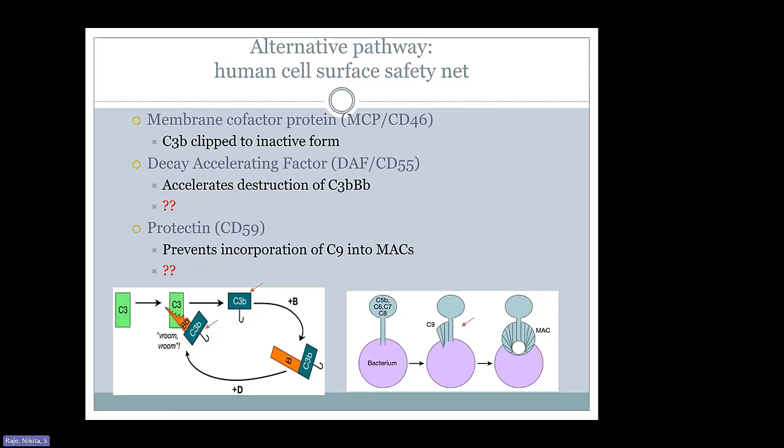So we need some other safety nets to make sure that if it gets activated and is not needed, and it's trying to attack human cells, there are certain processes and safety factors available. Those proteins are called membrane cofactor protein MCP, CD46, decay accelerating factor or CD55, and protectin CD59.